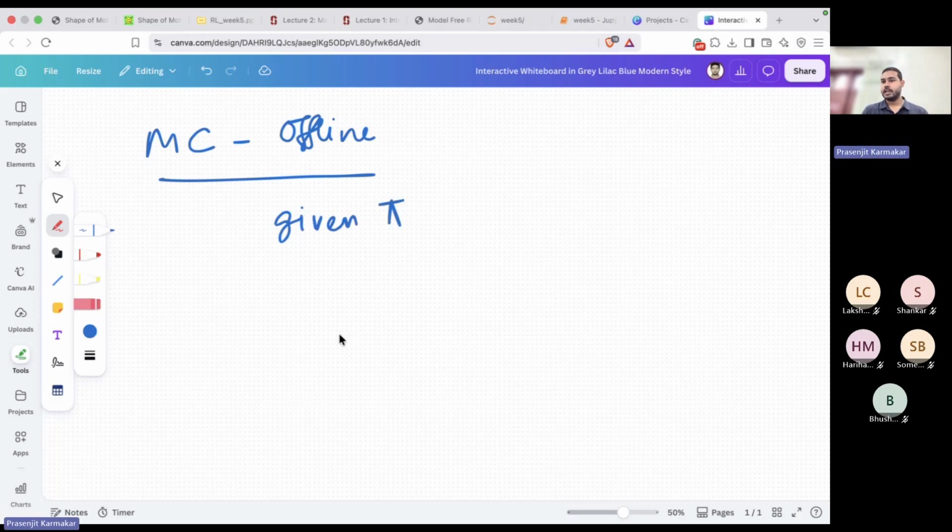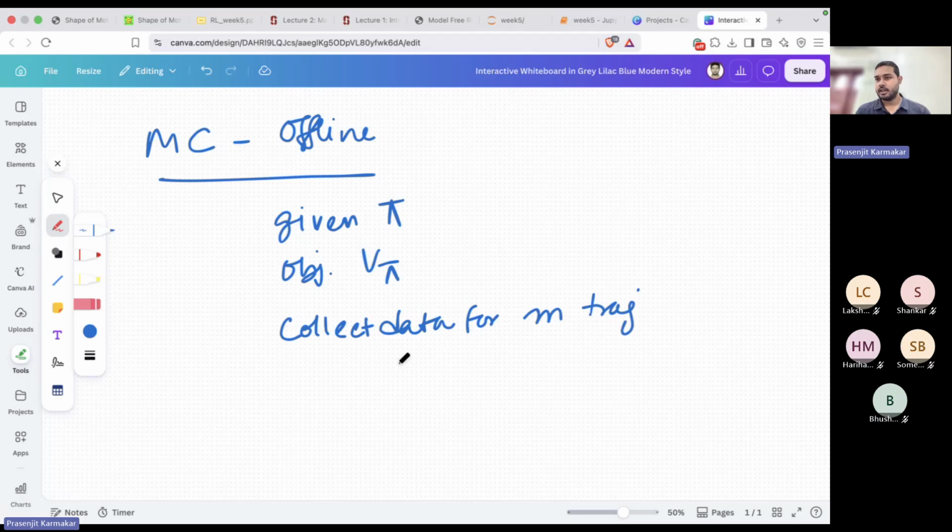Given policy pi, I want to evaluate V pi. That's my objective. So what I do is collect data for, let's say, M trajectories.